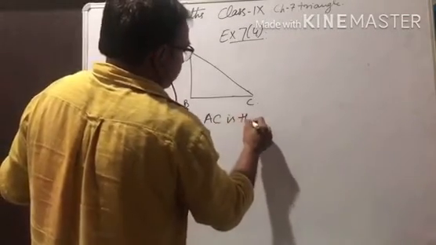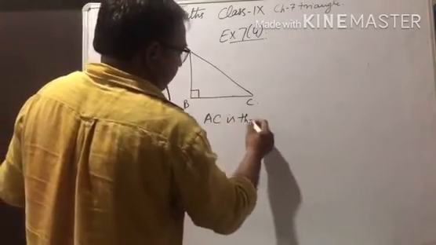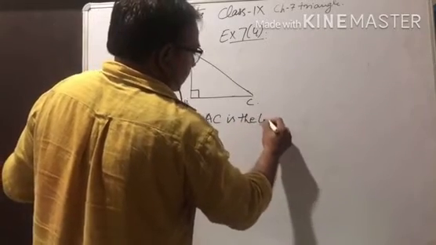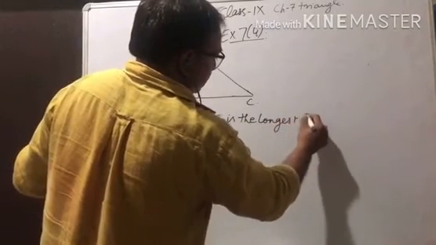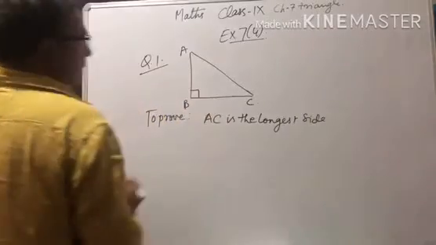Since this is the 90 degrees, AC is the hypotenuse, so AC is the longest side. Clear?